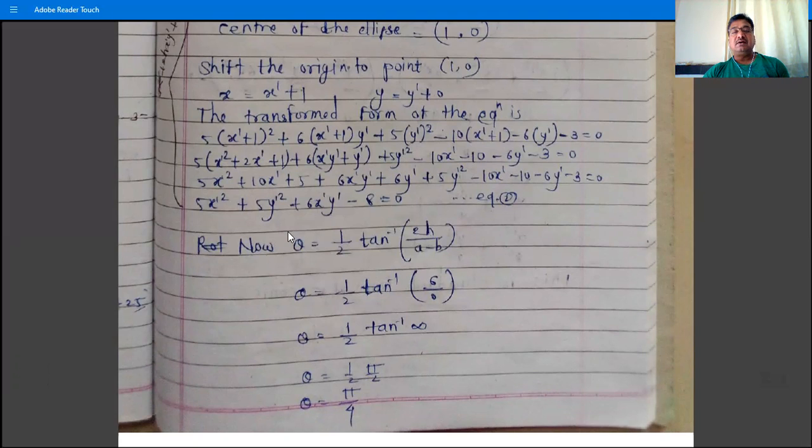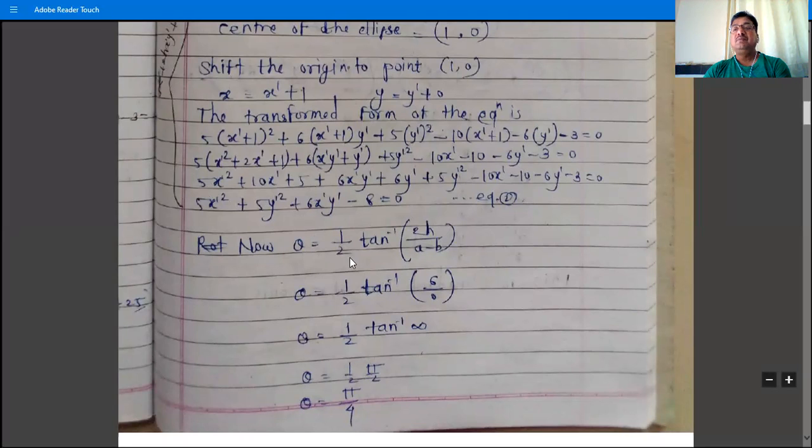So in the standard equation of ellipse, there is the term x square, the term y square, and the constant term 1. Here if we observe this equation second, the first term is x dash square, the second term is y dash square, but the third term is what? x dash into y dash, and the fourth term is constant. So we have to only remove this term x dash y dash.